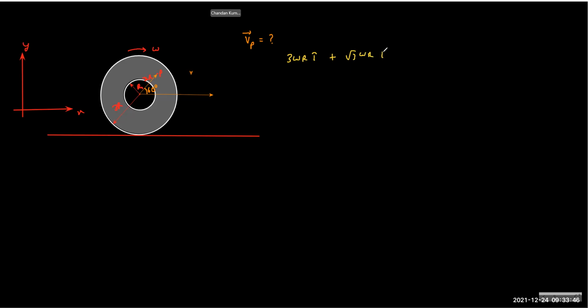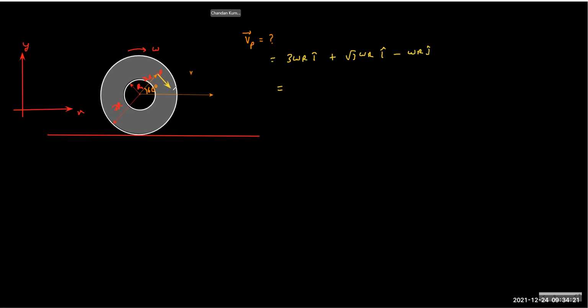Sir, I got 3 omega r minus root 3 omega r i cap plus omega r j cap. No, I think it's the sign convention. I have taken the clockwise motion, so point P will move this way, and you have taken otherwise.